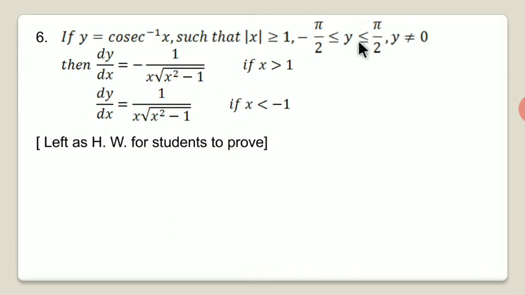Now since here y lies in first or in fourth quadrant, in the first quadrant cosec y and cot y both are positive, so the product is positive. In the fourth quadrant both are negative, so again the product is positive.